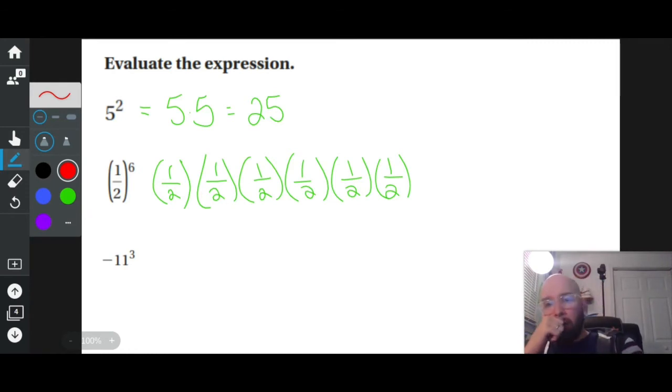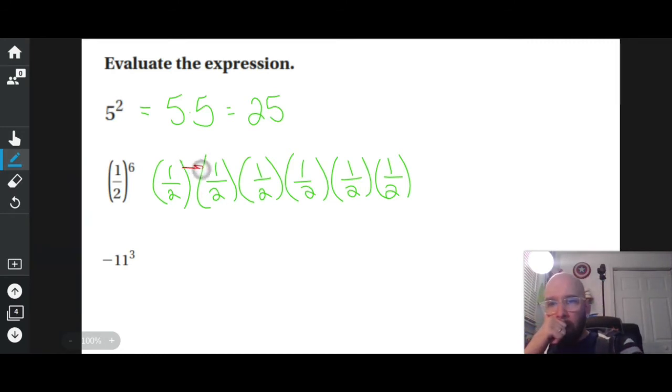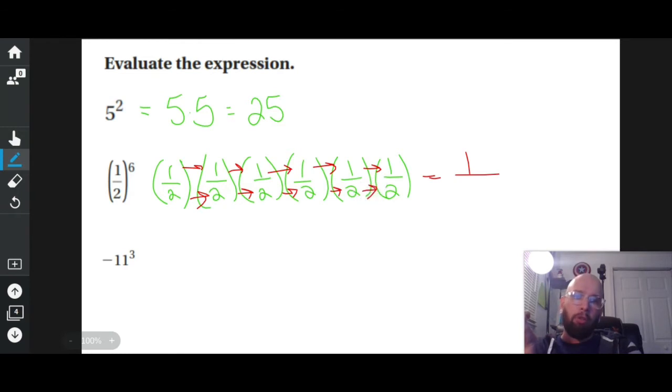So I'm literally going to do 1 times 1 times 1 times 1 times 1 and get 1. Now I multiply all the numbers in the denominator, on the bottom. So I get 2 times 2, which is 4, times 2, which is 8, times 2, which is 16, times 2, which is 32, times 2, which is 64.